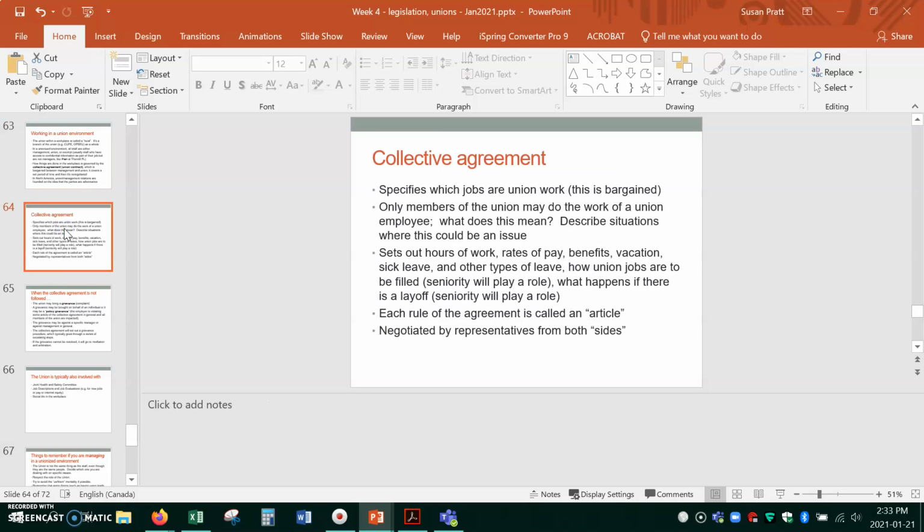Collective agreement. So again, this is negotiated every probably 3 to 5 years, and it addresses these things. Okay, so I put, what does this mean? So for example, at the college, let's say that we were in a face-to-face situation, wouldn't that be lovely?